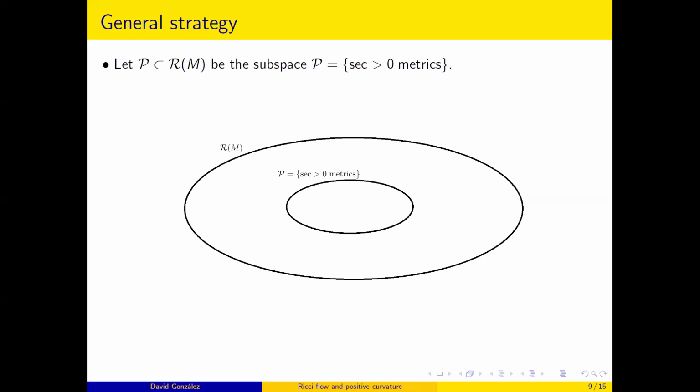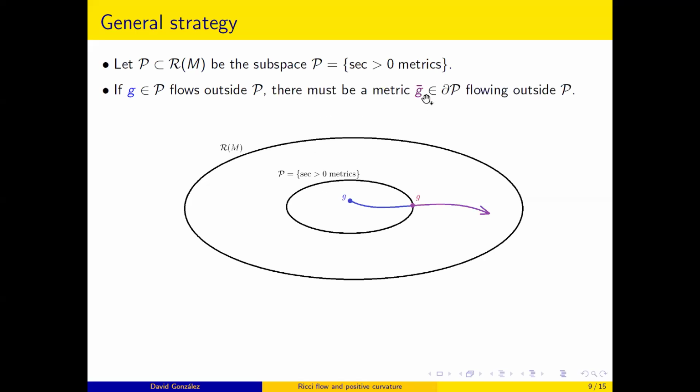And maybe the first simplification in this problem is the obvious observation that if a metric flows outside this set, then it must cross the boundary by continuity. So there must be a G bar, a purple metric, which flows outside P, or the closure of P, right?